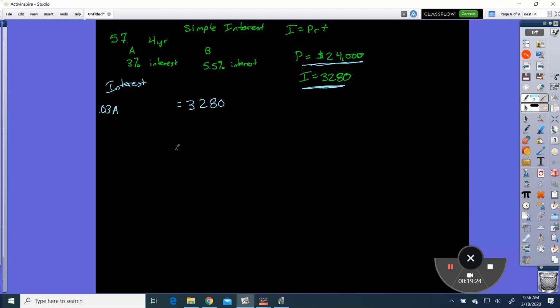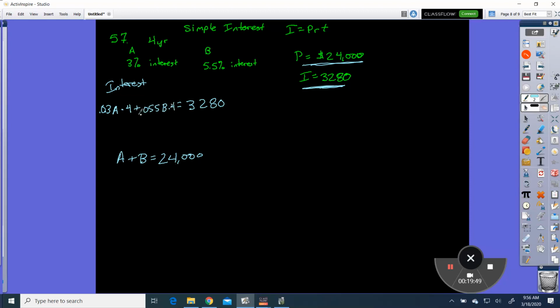Here's what I really know: A plus B is going to be $24,000. That's how much money we began with. So if I take an amount out of $24,000, that's going to be A, times 4. The rate for B is going to be 0.055, that's my rate for however much money is in B, and then my time is 4 as well.